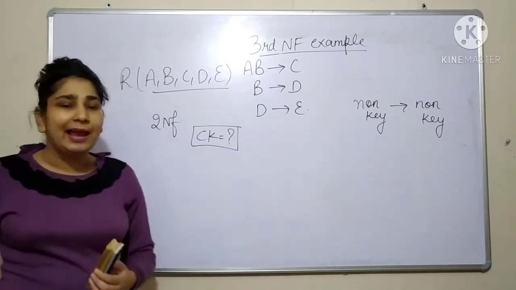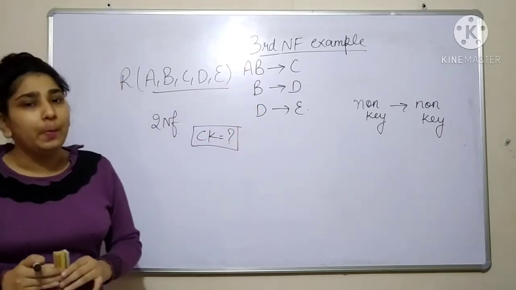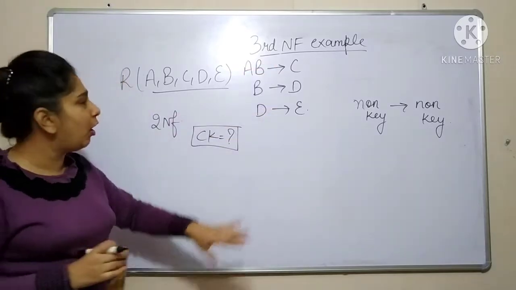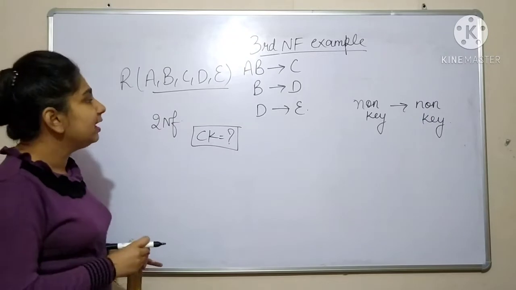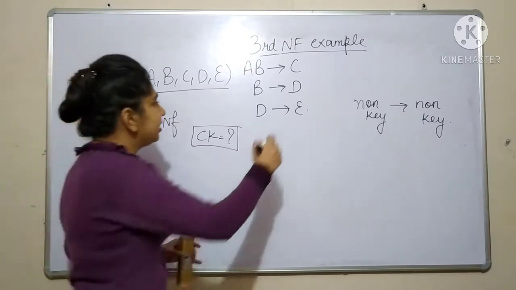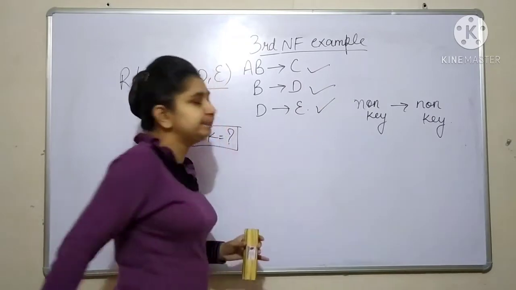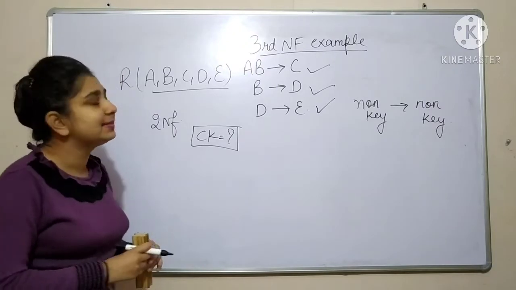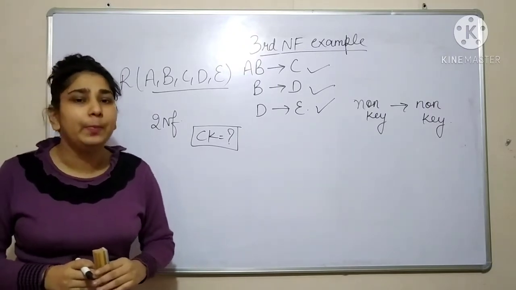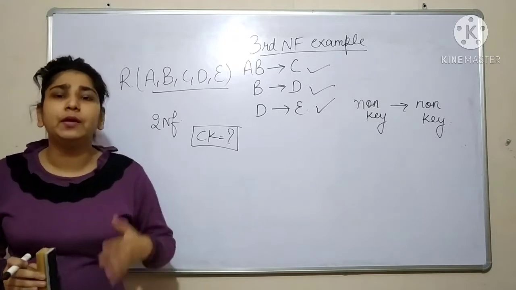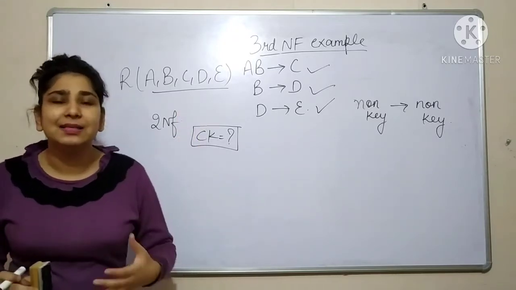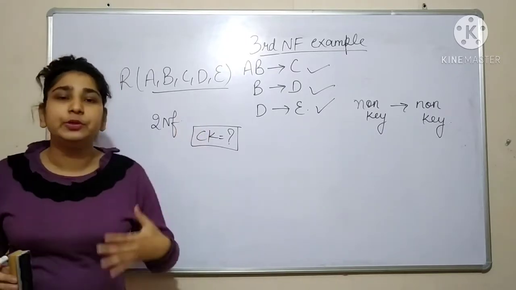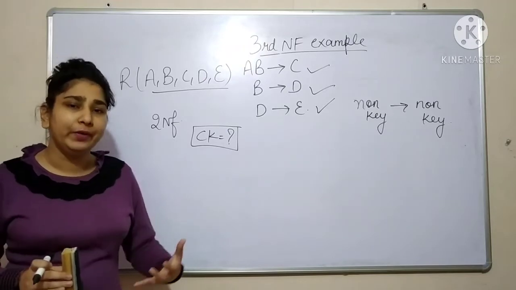Let me check all these functional dependencies. On the right hand side of all of the functional dependencies, there are 3 attributes present: C, D and E. We call a key a candidate key when with the help of it we are able to determine all of the other attributes.